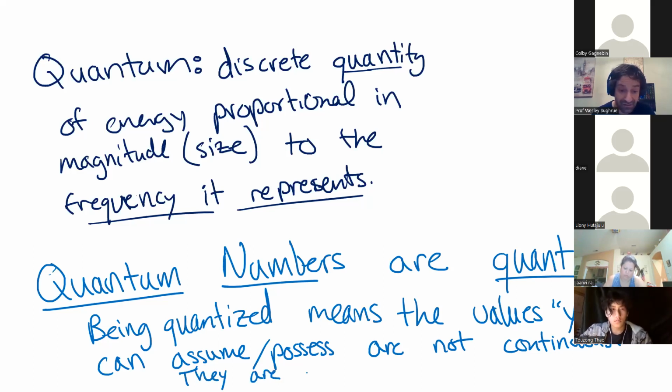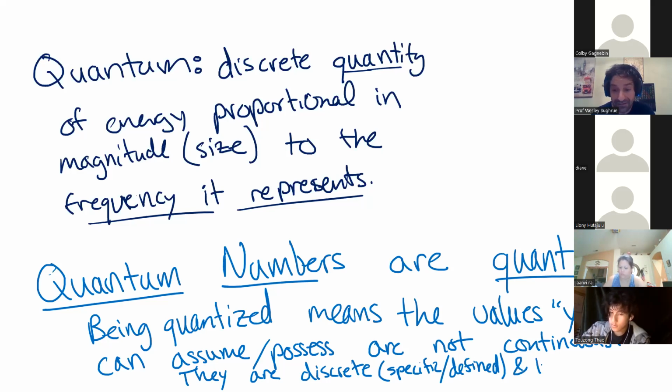They are discrete, not meaning secretive. When we say discrete, we mean specific or defined, and limited. There is not an infinite number of values that these quantum numbers can take on. They are limited and defined. And you can't exist between those definitions. Can't exist between them. Okay?